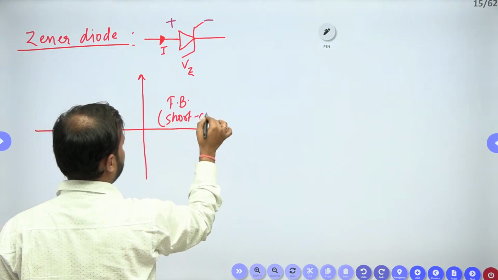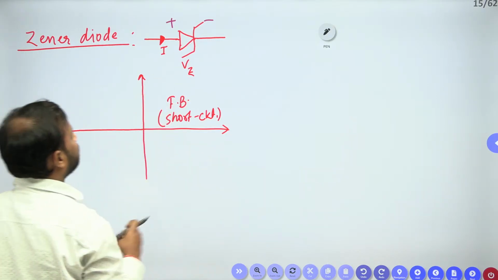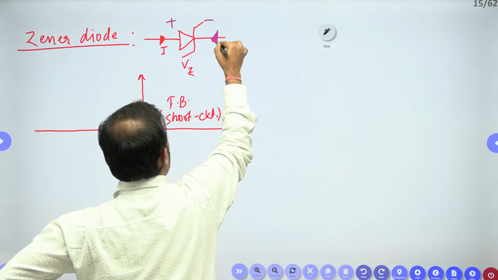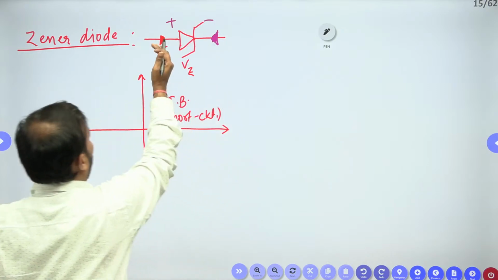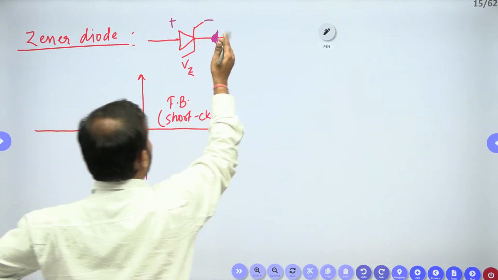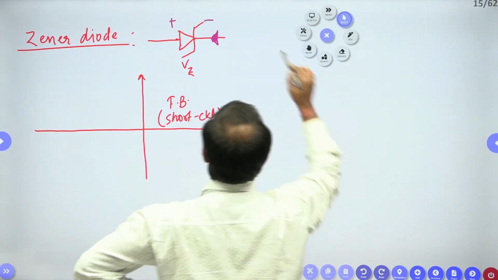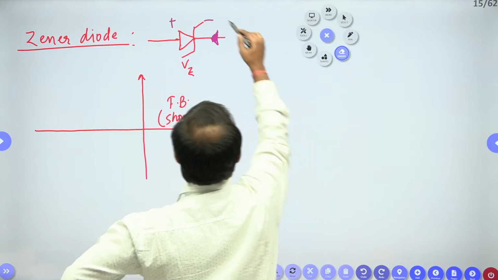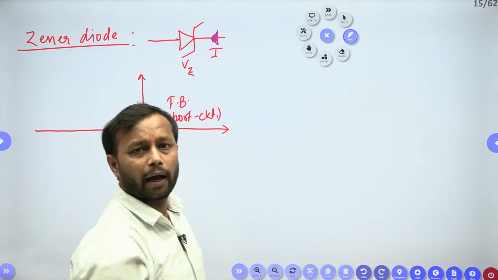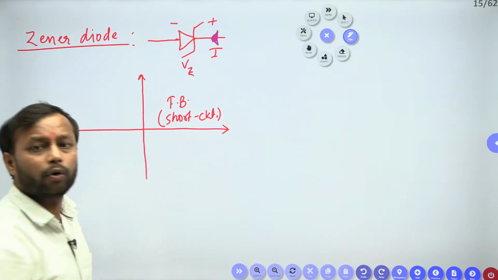Done? Now next, when you have a current in this direction, from here plus will come and negative will come here due to the direction of the current.